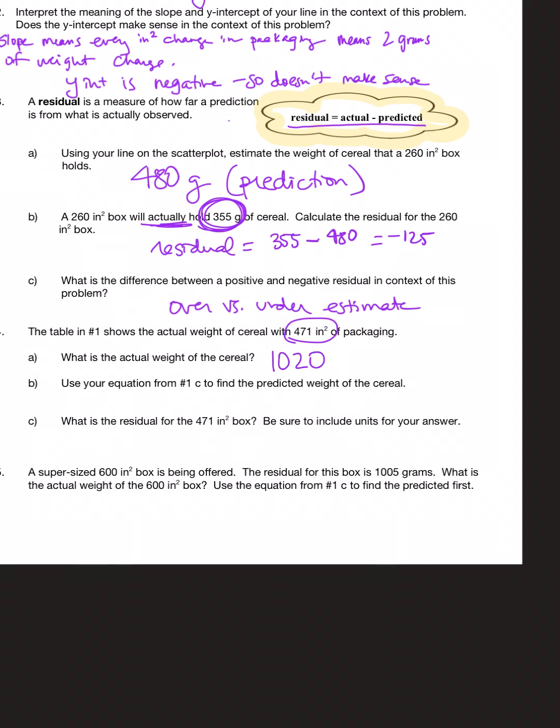Now it says use your equation, right? That equation that we've been using, 2x minus 60, to find the predicted weight. So let me put 471 into our equation. 2 times 471 minus 60, and you might have to use a calculator. This is 942 minus 60, which then equals 882.